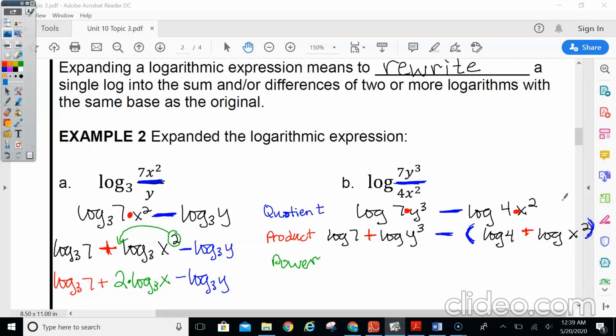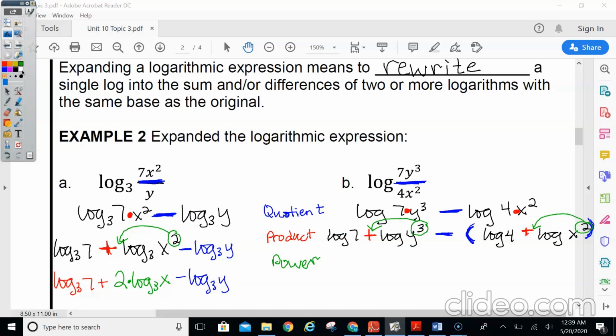So what we end up doing is distributing this and making them both negatives. But let's do the power first. Let's look at the power property. So here, this cube is going to come in front of its log, and this squared is going to come in front of its log.